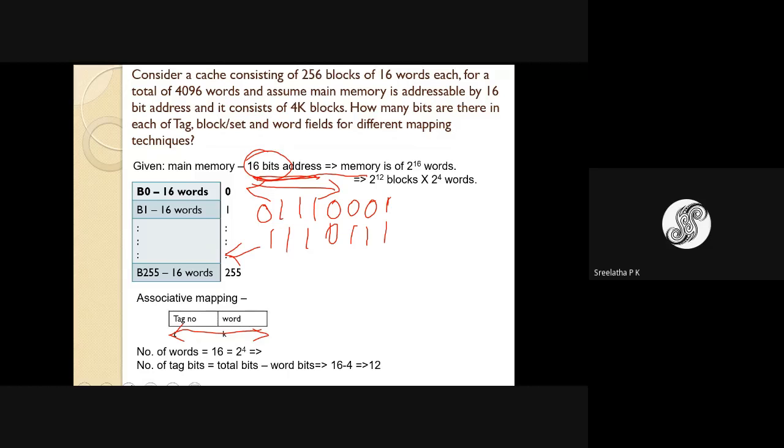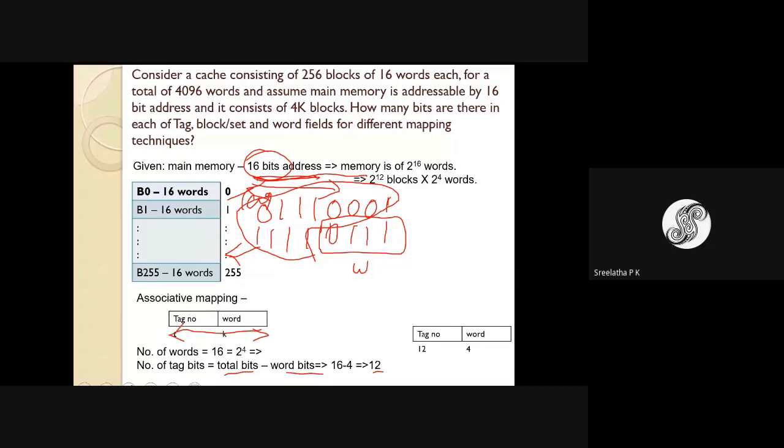Here I have taken 8 plus 8, 16. So the least significant 4 bits represent the word, and the remaining 12 bits represent the tag number. The total number of bits minus word is 12, that is the tag number.